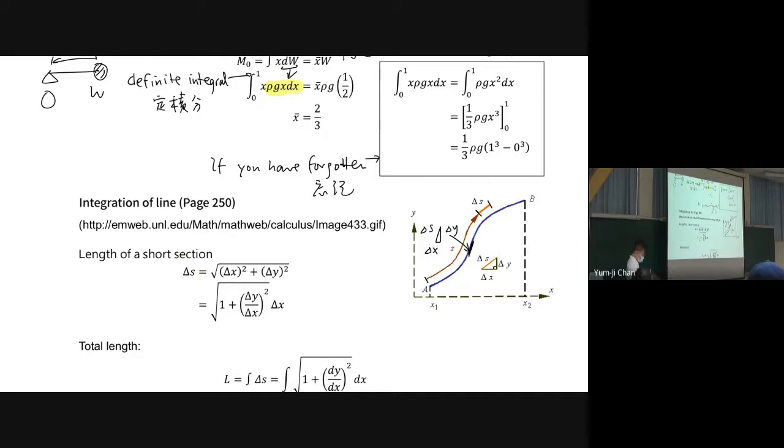You know square roots, right? And of course, we can rearrange this: we put delta X outside, and then we have divided by delta X here, right?